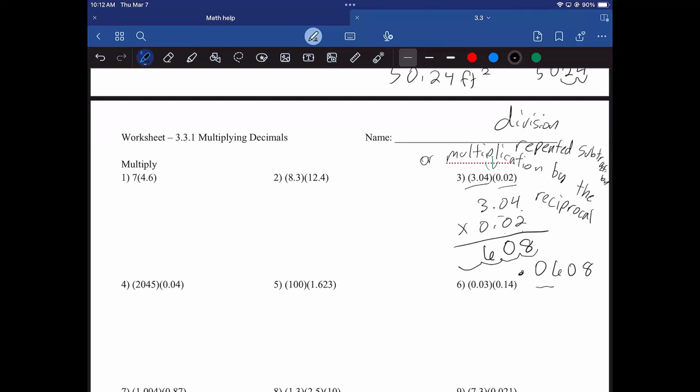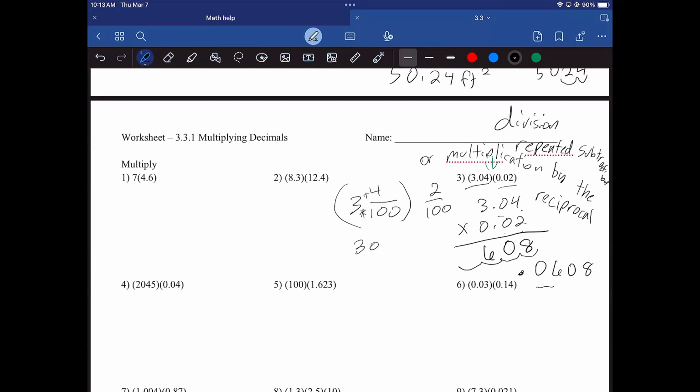So let's look at this as 3 and 4 over 100 times 2 over 100. Well, let's use our previous skills and we'll say, okay, times and plus. 3 times 100 is 300 plus 4.